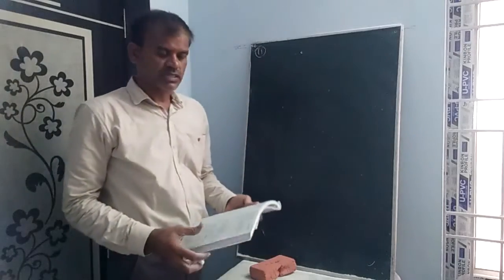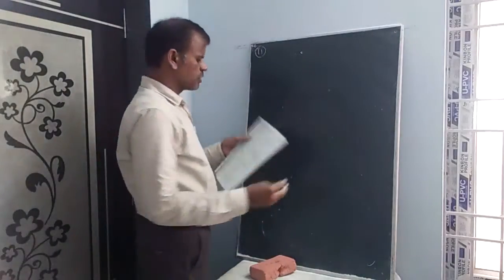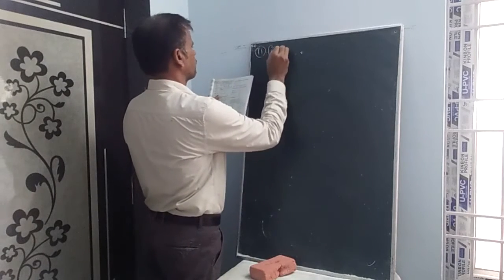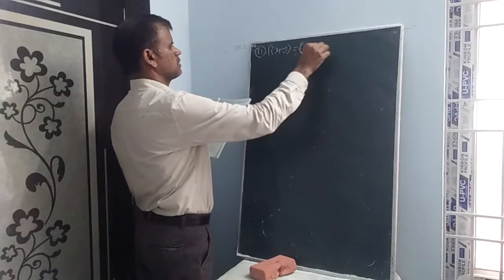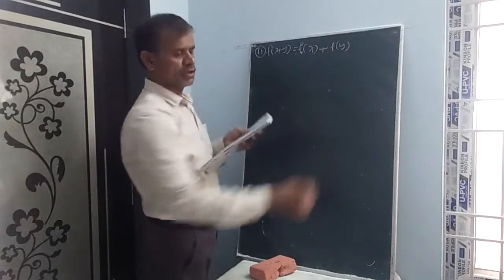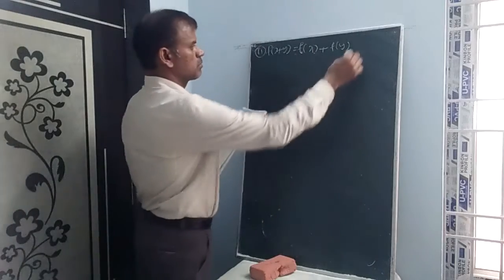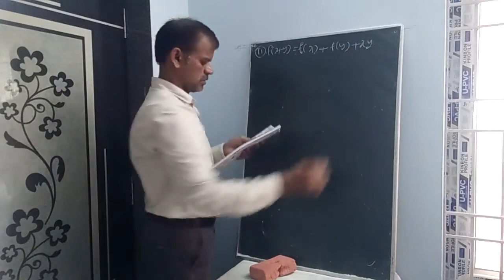Suppose that f is a differentiable function with the property f of (x plus y) is equal to f of x plus f of y plus xy. This is the property.